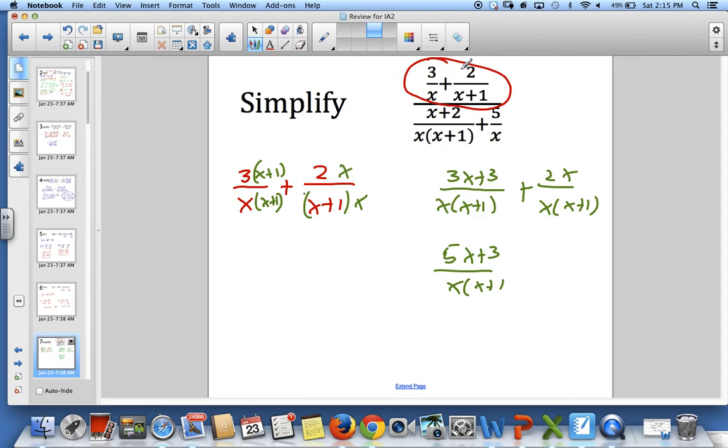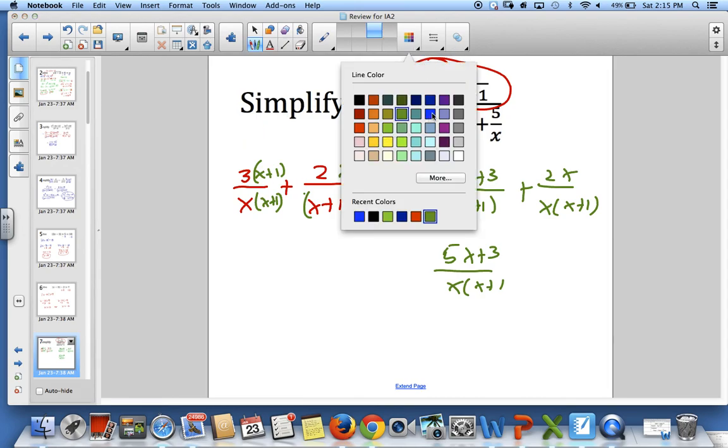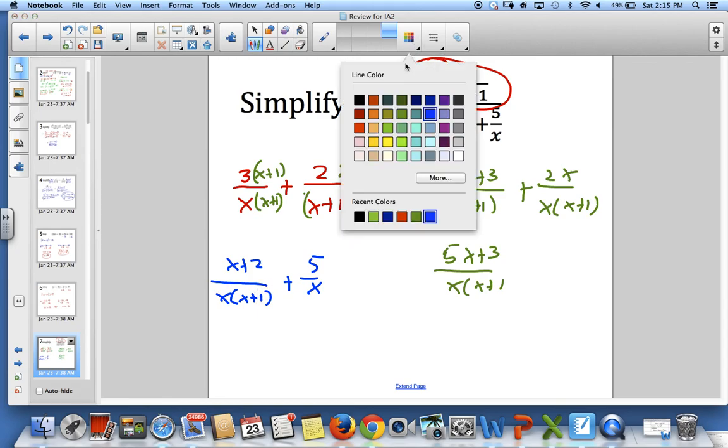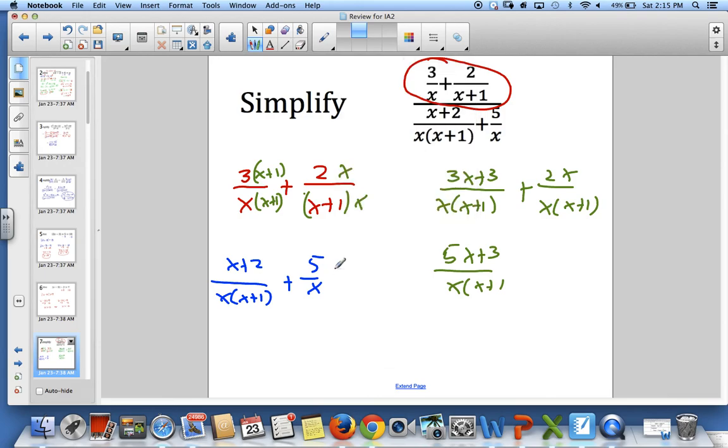And the bottom fraction now, I'll do that in blue, that's going to be x plus 2 over x(x plus 1) plus 5 over x. The common denominator is x(x plus 1). This just needs an x plus 1, so I'm going to go back to here and say x plus 1 over x plus 1.